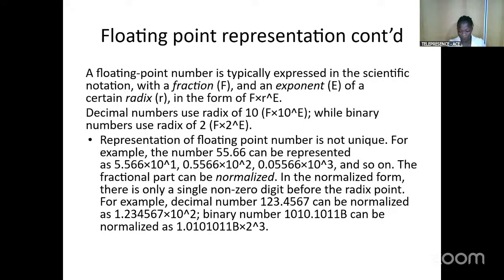For example, when you normalize it as 1.23456 times 10 raised to the power of 2, for the binary number, the binary equivalent will be 1010. That is converting what we have in base 10 to binary. So we have 1010.1011b, which can be normalized as given.